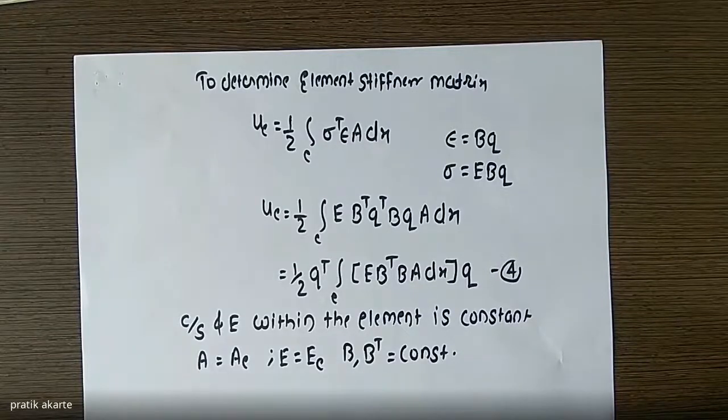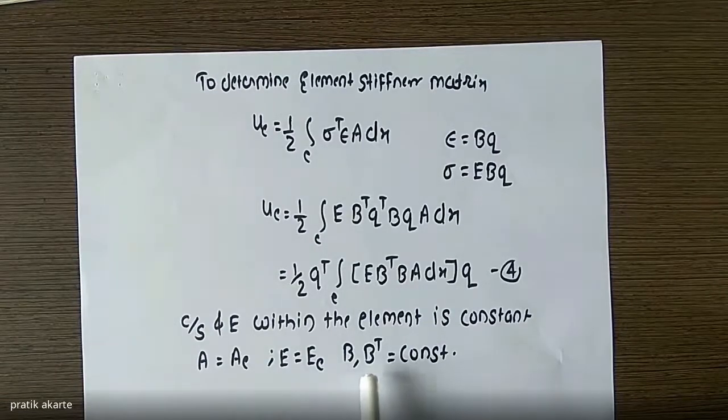Then we considered that the cross section and modulus of elasticity within the element are constant, that is, A is equal to Ae. The cross-sectional area remains the same for the small portion of the element, the modulus of elasticity also remains the same, and B transpose B we consider as a constant.